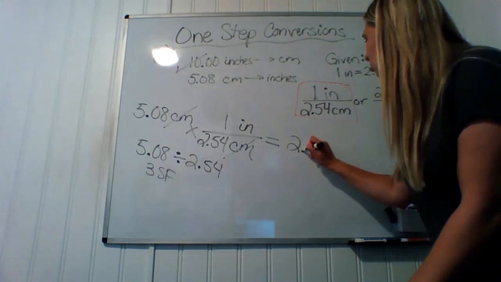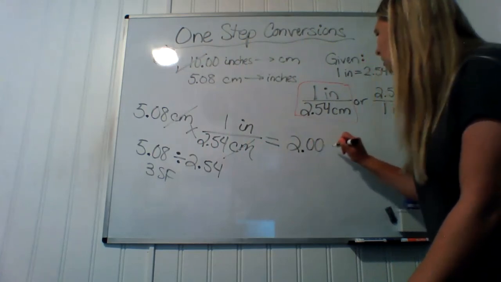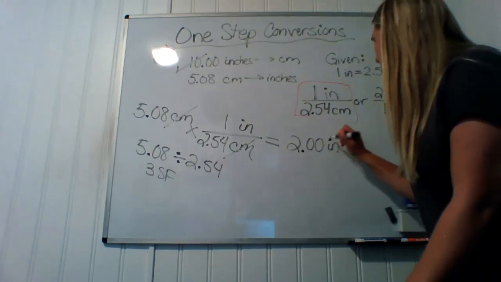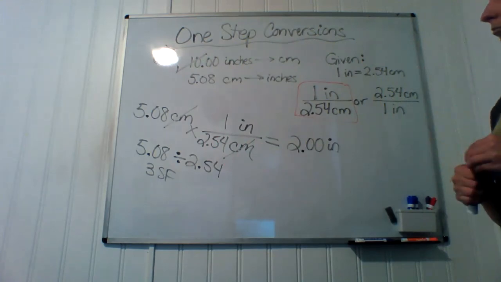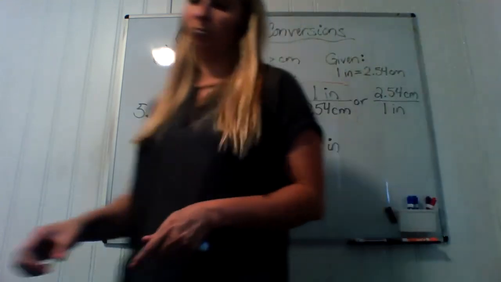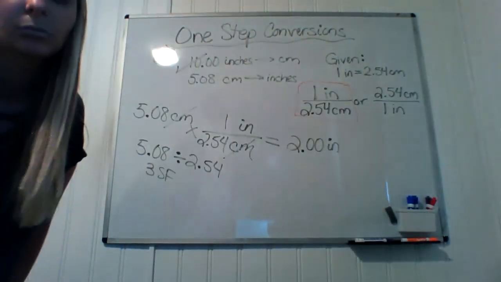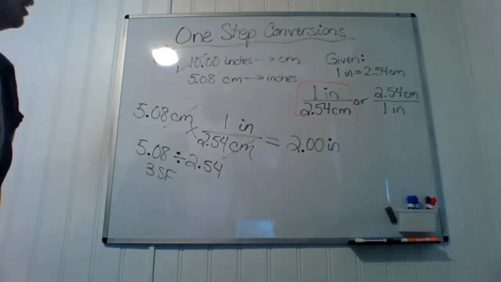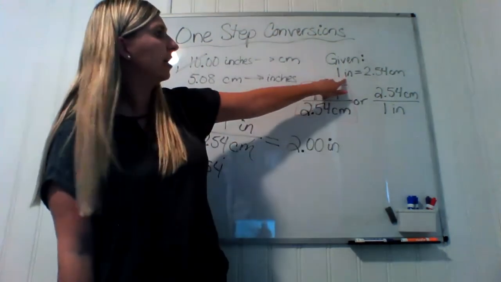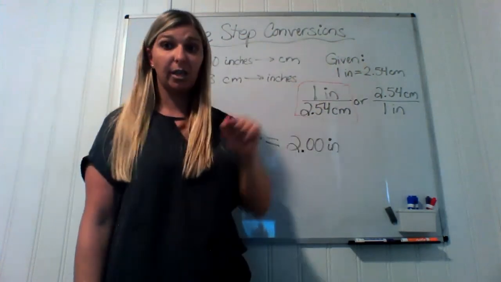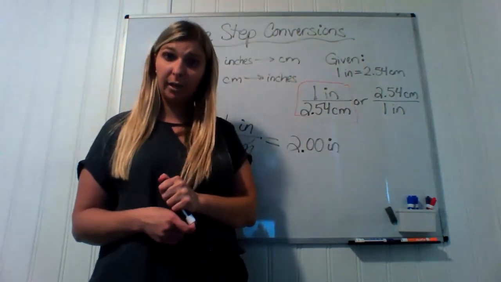So we're going to say 2.00 inches. Okay. And then that completes our examples of using the equivalence 1 inch is equal to 2.54 centimeters.